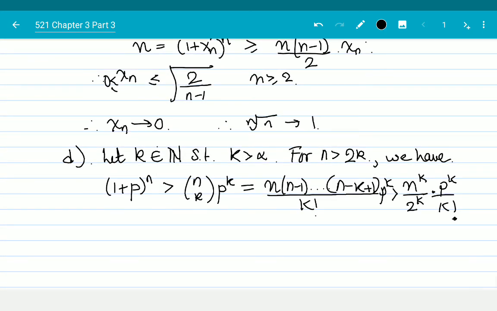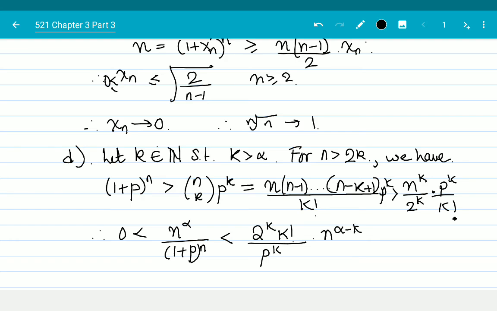Therefore, 0 is smaller than n to the alpha over (1 plus p) to the n, which is strictly smaller than 2 to the k times k factorial over p to the k times n to the alpha minus k.